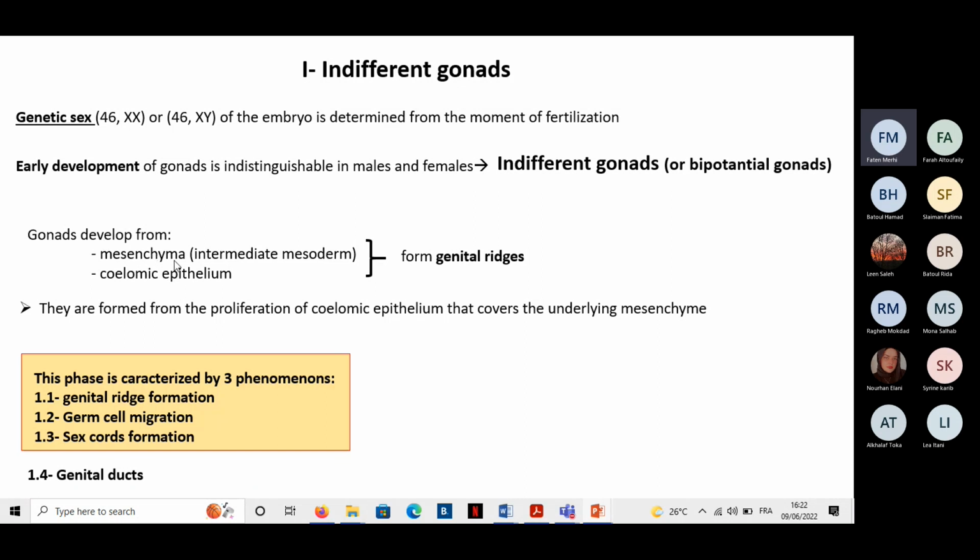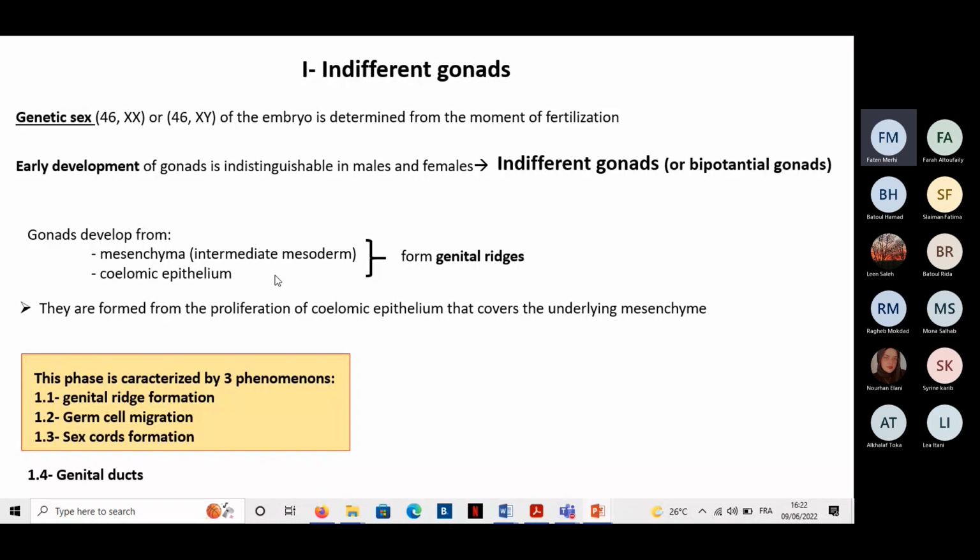The mesenchyma, which comes from the intermediate mesoderm, and the other tissue at the origin of the gonads' development is the coelomic epithelium. Both tissues form the indifferent gonads. And at this stage, when the gonads are first formed, they are called genital ridges.